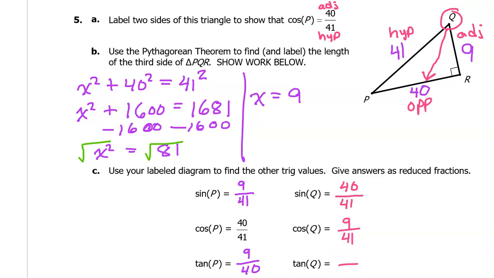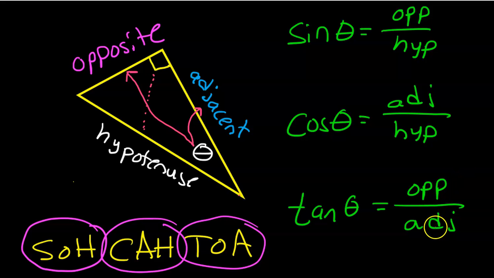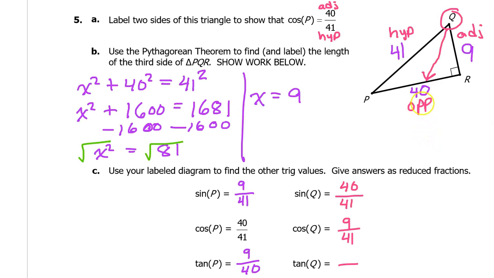And tangent is opposite over adjacent, which is 40 over 9. So that is a nice little introduction to the trig functions of sine, cosine, and tangent.